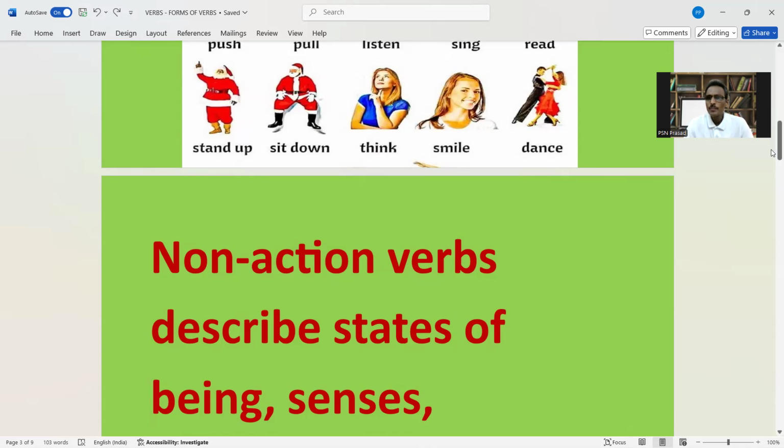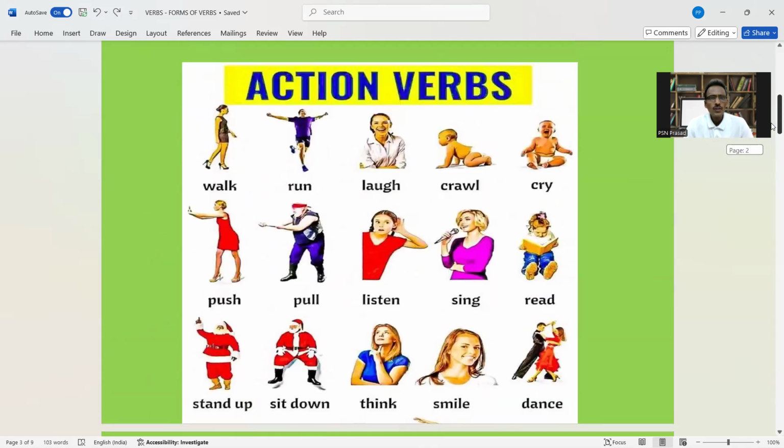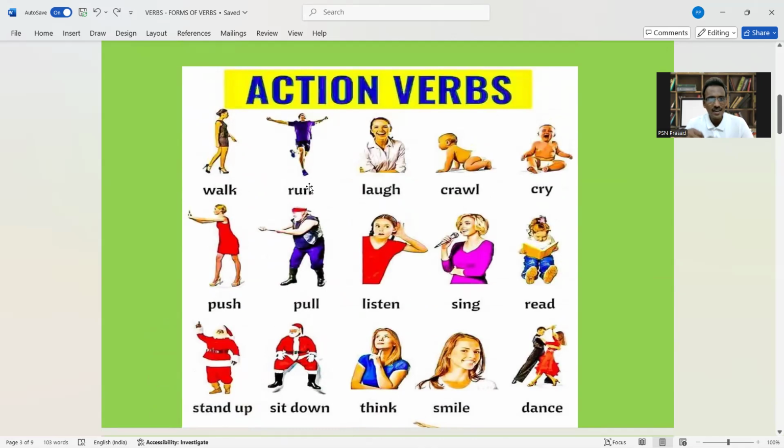So look here. All these: walk, run, laugh, crawl, cry, push, pull, listen, sing, read, stand up and sit down, smiling, dancing. Of course, thinking doesn't come under action verbs. So all these words are forms of different actions.